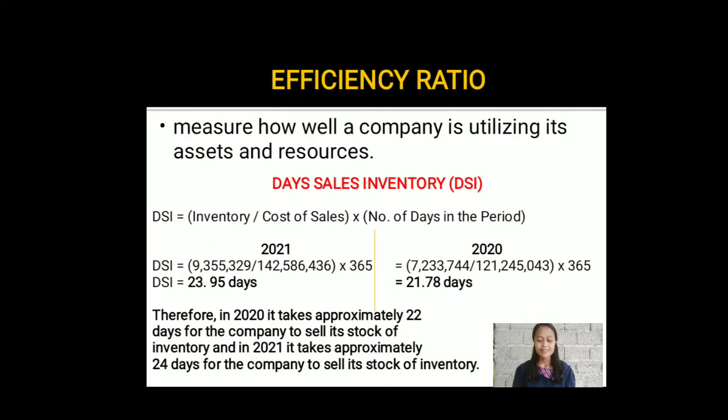Next, let's go to the efficiency ratio. This measures how well a company is utilizing its assets and resources. I'm getting its days sales inventory, or the DSI. DSI is equivalent to inventory divided by cost of sales times the number of days in the period.